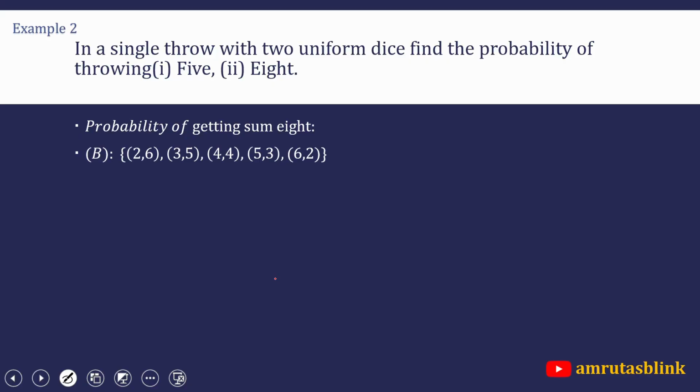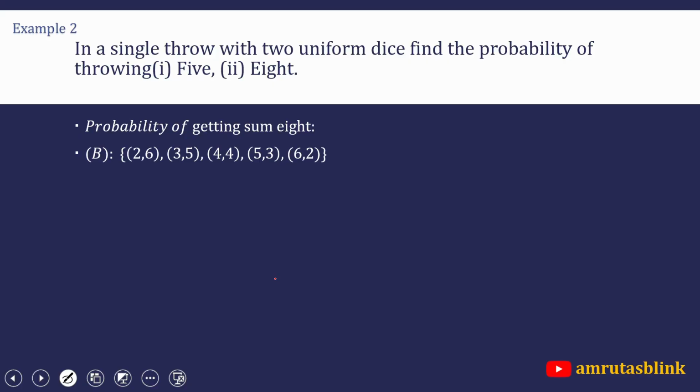And then if we have 1 and 6, we cannot have the summation as 8. So, we have to omit this one, and we'll start from 2. On the first die you can have 2, and on the second die you can have 6. Then on the first die you can have 3, and on the second die you can have 5. Similarly we will find out all the possible outcomes.